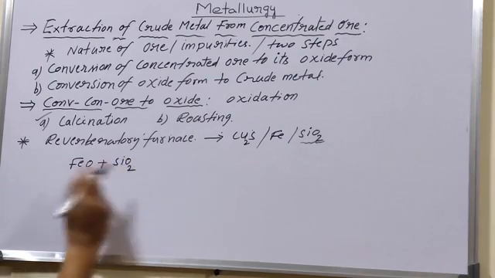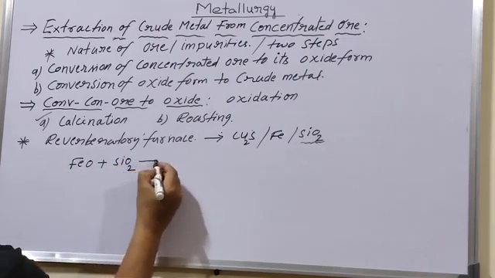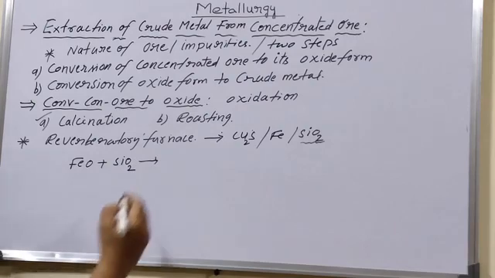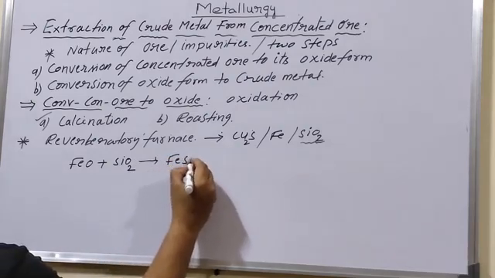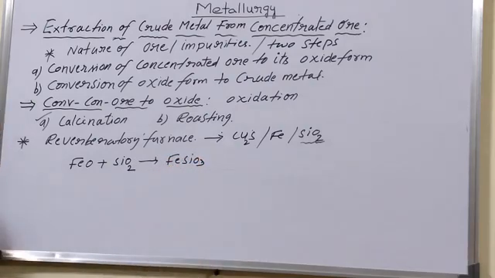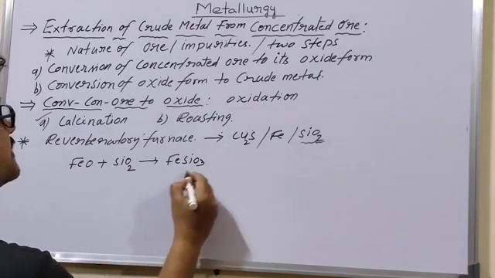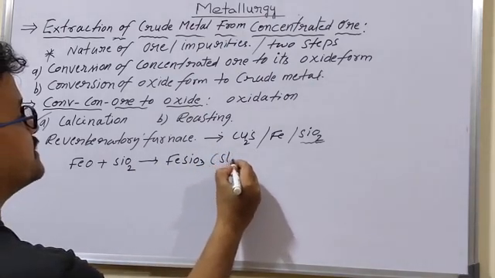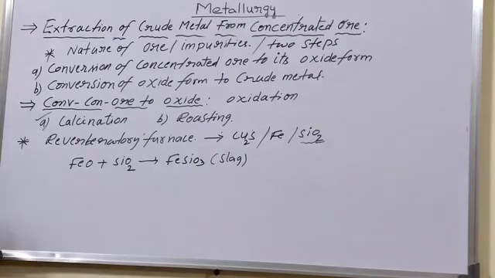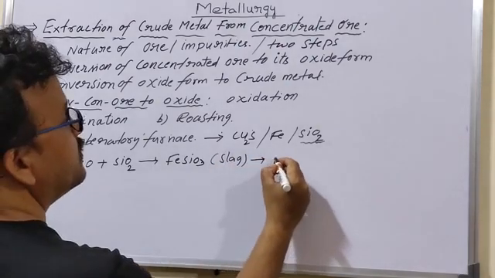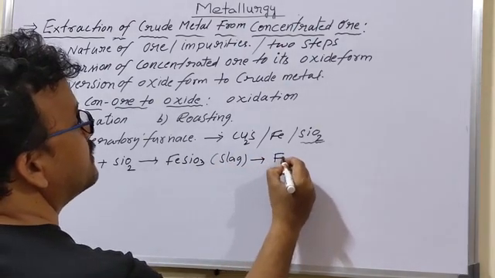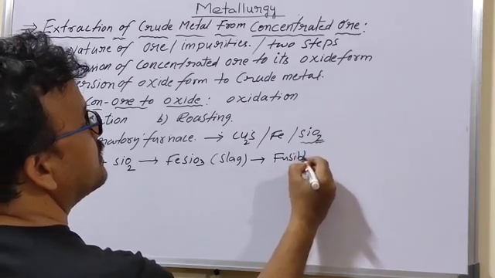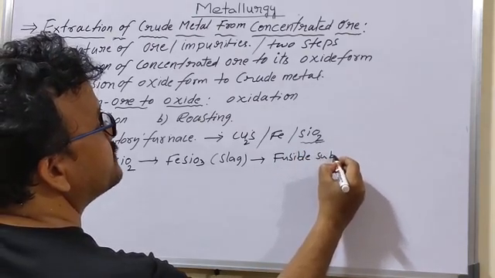So iron forms iron oxide and it reacts with silicon dioxide and forms iron silicates. And this iron silicate is in the form of slag. Slag is nothing but an easily fusible substance.